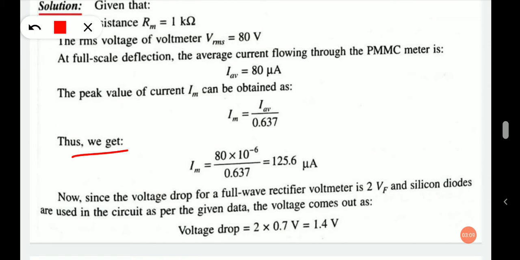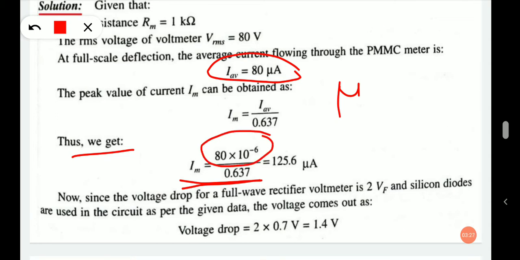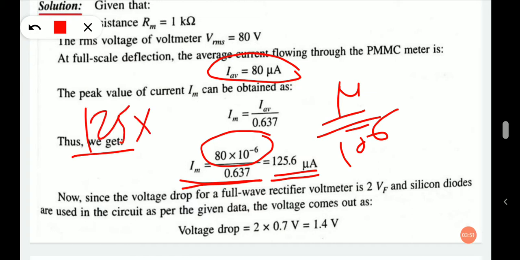If we substitute, I average is given, that is 80 microampere, written in the form of ampere, micro is converted into 10 raised to minus 6, and we get the maximum or peak value of current, that is 125.6 microampere.